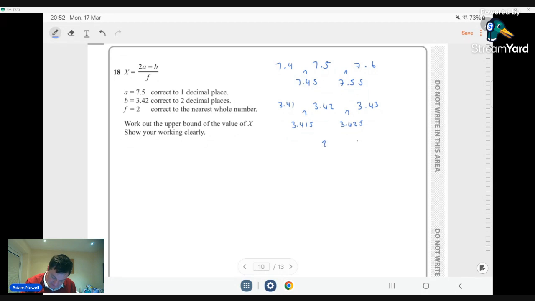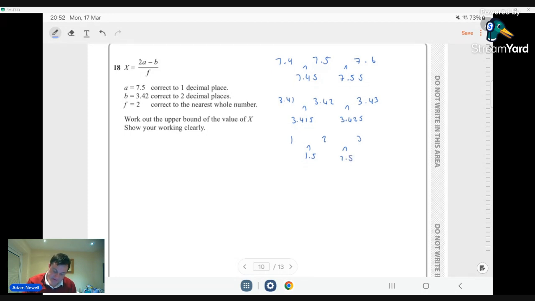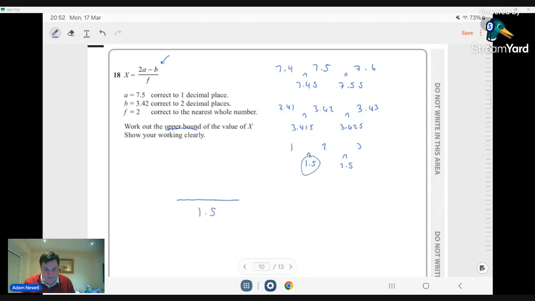F, we've got 2, 3, and 1, 1.5 and 2.5. So I'm looking at which value should I now use. So to get the upper bound, I want the numerator to be as big as possible and the denominator to be as small as possible. So for f to be as small as possible, that needs to be 1.5. To get the biggest numerator, I need the biggest value of 2a.